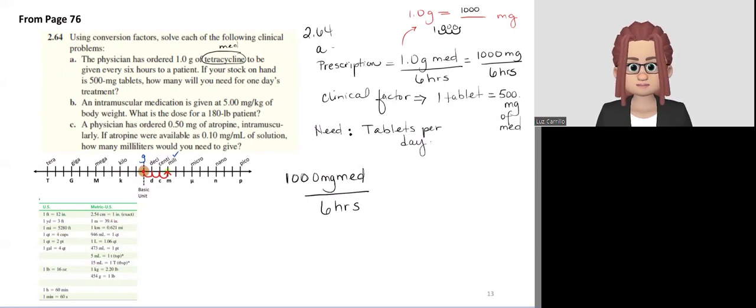Next, this is the medication needed in 6 hours. But the question is asking tablets per day. So I can already find out how much medication is needed in a day by using the conversion that establishes the relationship between hours and days.